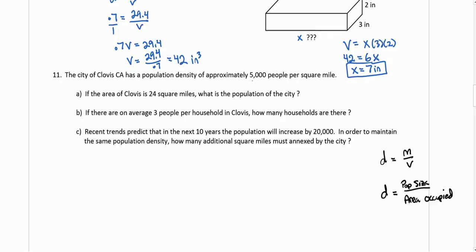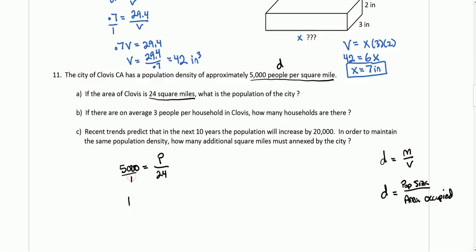So when it tells us 5,000 people per square mile right there, that's density. Okay. So if the area of Clovis is 24 square miles, what's the population? So we could say our density, 5,000, is our population size divided by 24, which is the area it occupies.